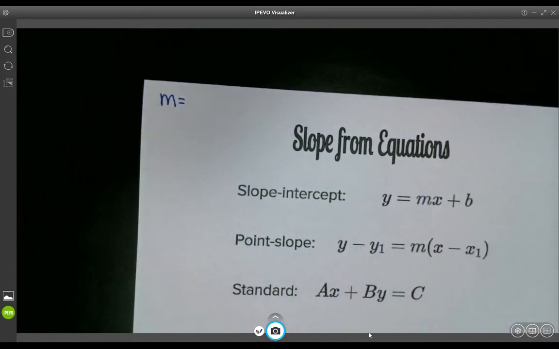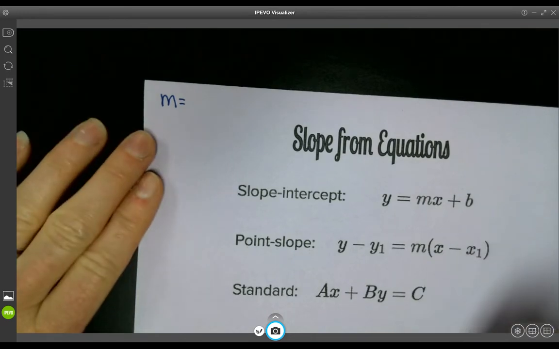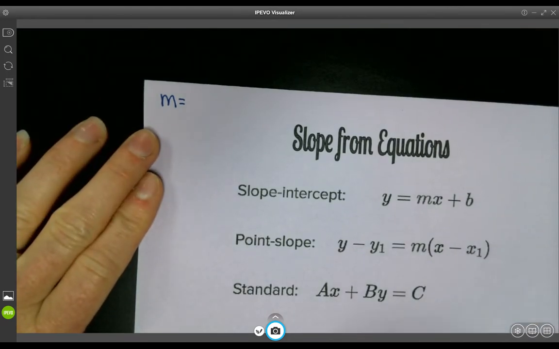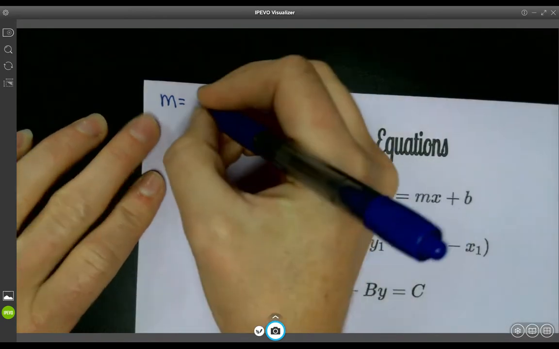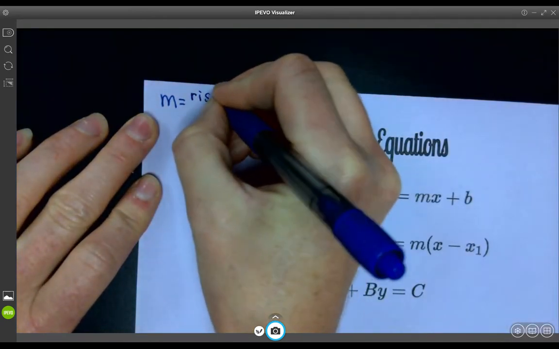So let's look at another way to find slope from equations. But before we do that, we're going to look at how we find slope from all the different ways. From a graph, we just count rise over run.